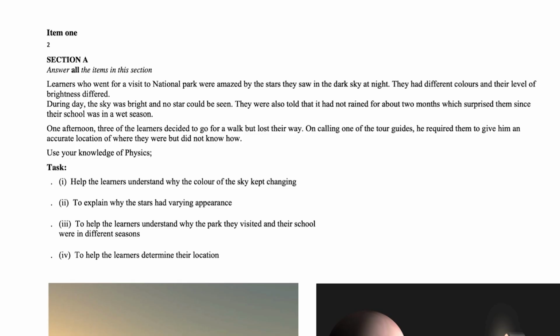They were also told that it had not rained for about 2 months, which surprised them since their school was in a wet season. One afternoon, 3 of the learners decided to go for a walk but lost their way.